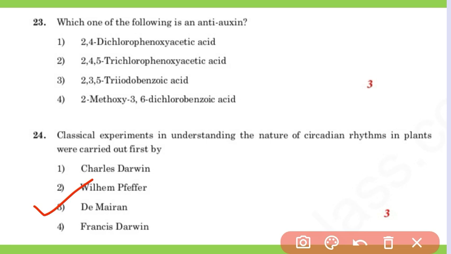d'Ortous de Mairan. Read the other options like Charles Darwin. Charles Darwin is known for his contribution to evolutionary biology. His proposition that all species of life have descended from a common ancestor is now generally accepted and considered a fundamental concept in science.